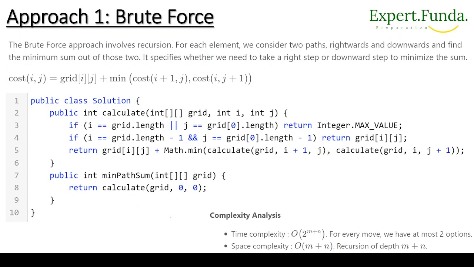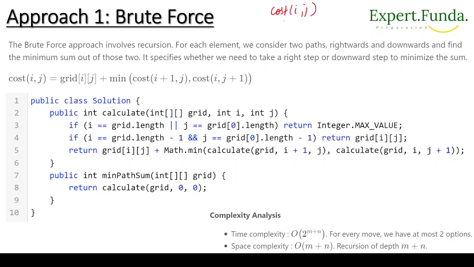Coming back to the approach, how will we do this question? The brute force approach involves recursion, because if we do recursion, only then can we find the previous things. To calculate the next thing, we have to know the two things ahead. Let's suppose there is a cost at i and j.